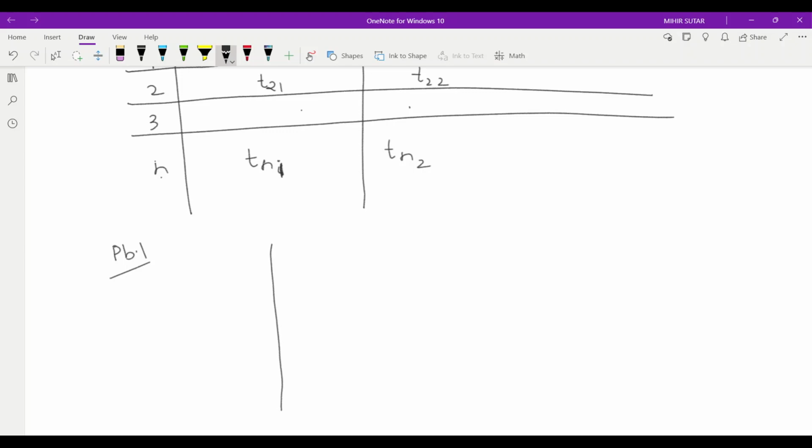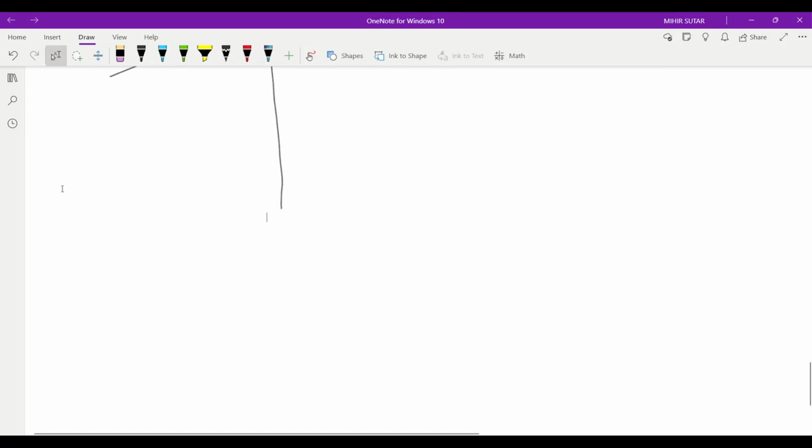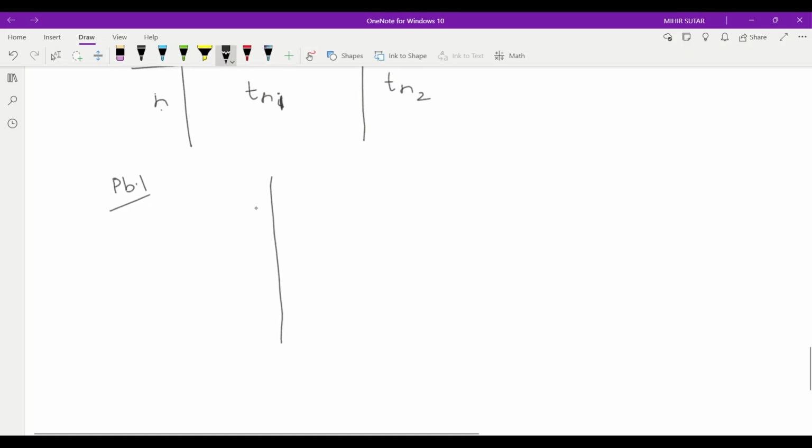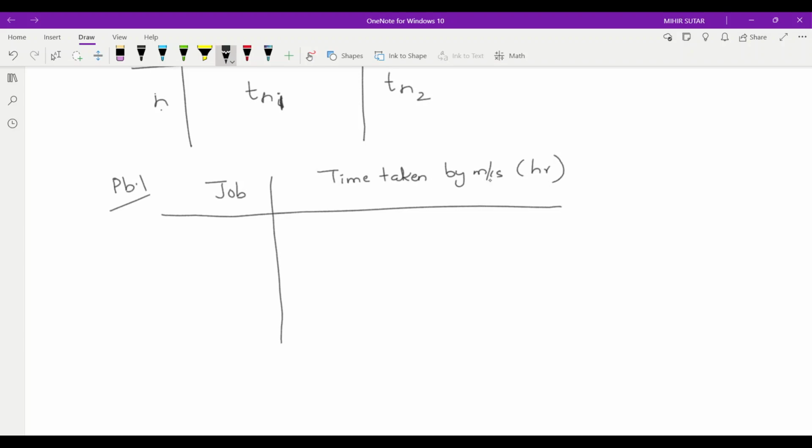This is your job, and the time taken by the machines, in hours. This is your machine one. This is your machine two.